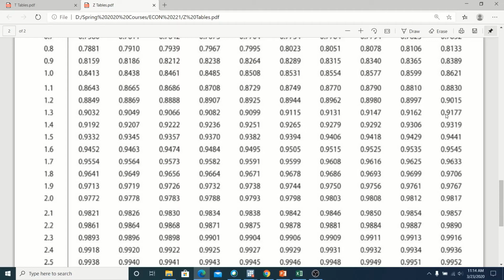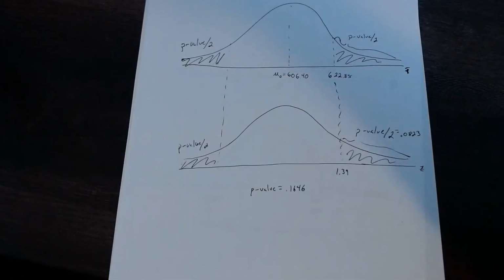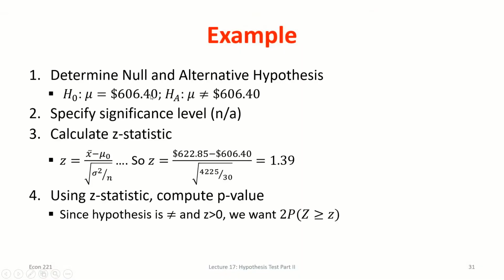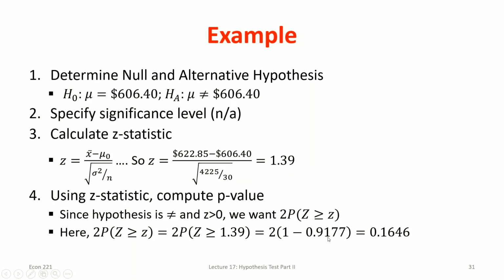But remember, I subtract that 0.9177 from 1, which gives me the area in the right tail, and then multiply it by 2 to get the total area. Now I have my p-value.